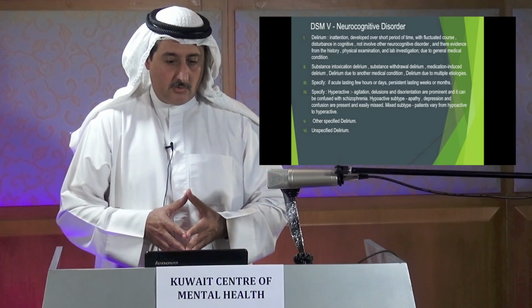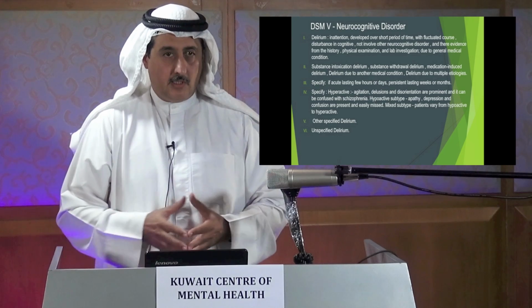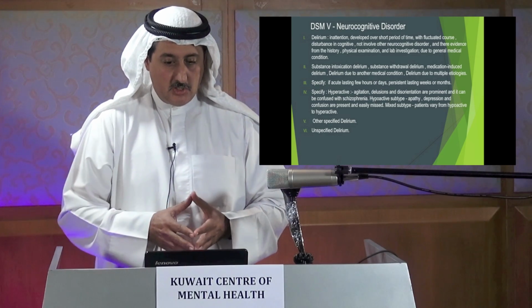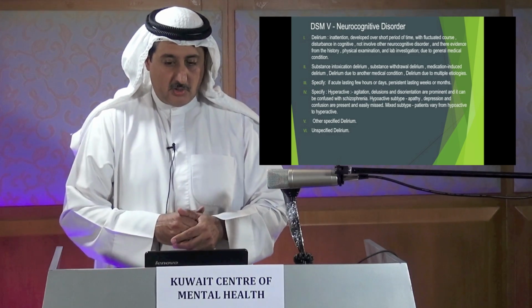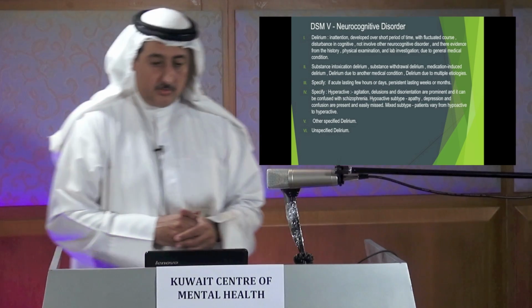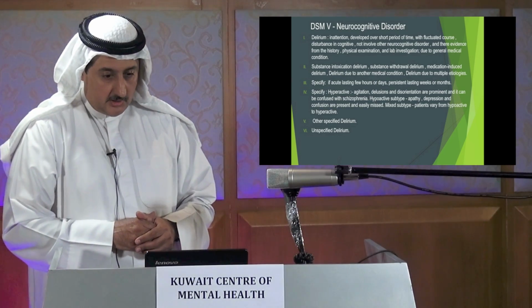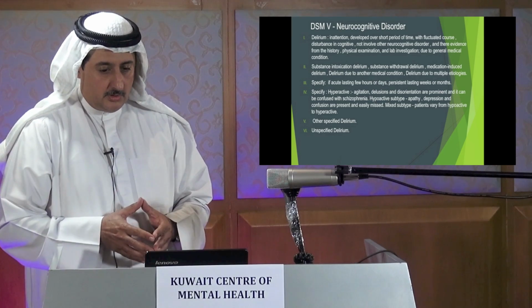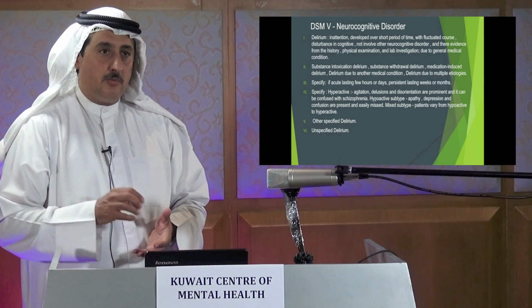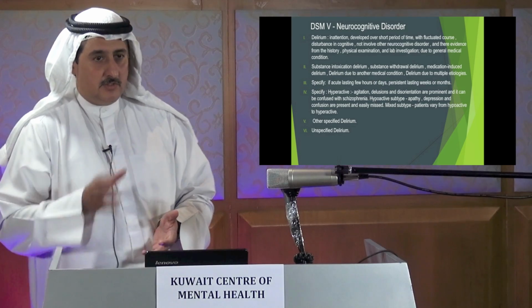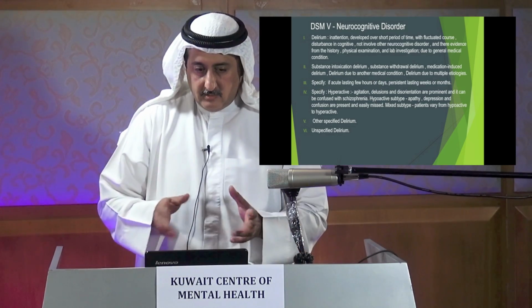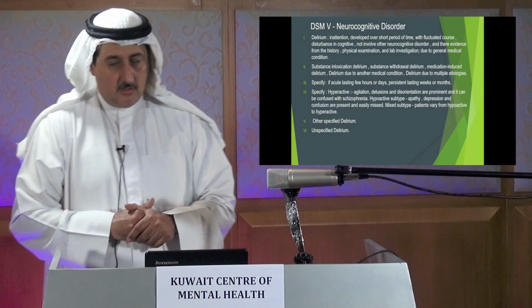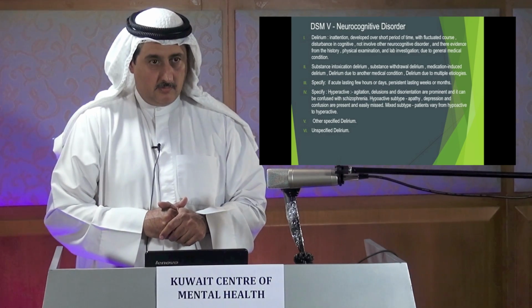I'd like to show the DSM-5, the latest one. Delirium comes under the title neurocognitive disorder. They have criteria. One of them is inattention, developing over a short period of time with a fluctuating course, disturbance in cognition, no other neurocognitive disorder, and there should be evidence from the history, physical examination, and lab investigation, and due to a general medical condition.